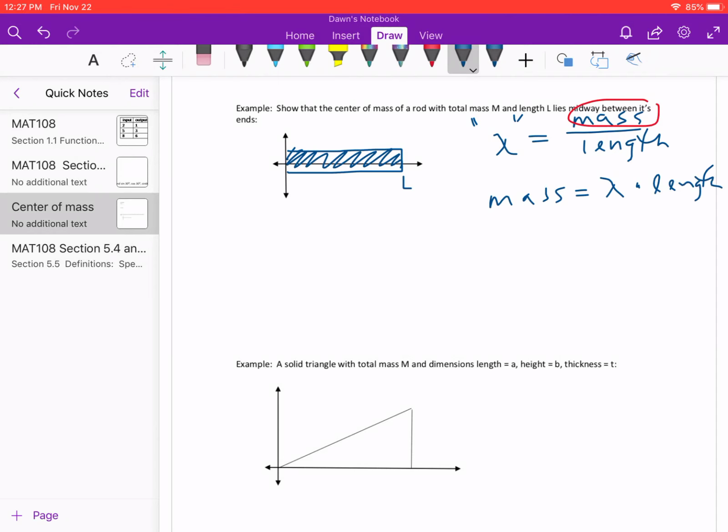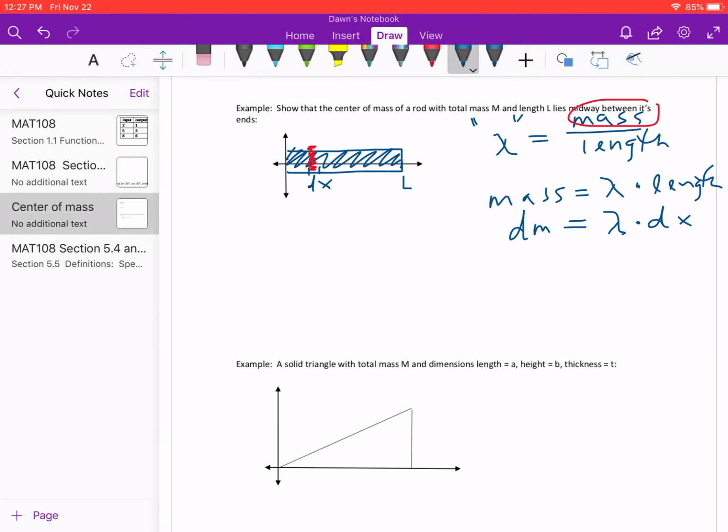In my case, I'm going to want one little section of the mass. Here's a little section right here, one little piece of the mass of that rod. I'm going to write that as the linear mass density times dx, a little bit of thickness. The little dx is right here.